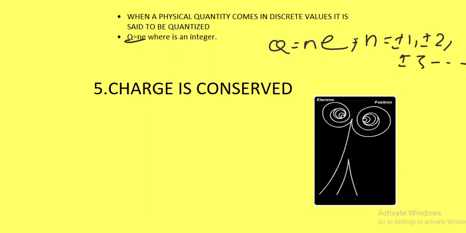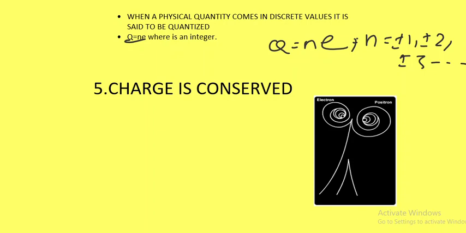The conservation of charge is along the same lines as conservation of mass. As mass can neither be created nor destroyed, in the same way charge can neither be created nor destroyed, but it can be transferred from one body to the other.